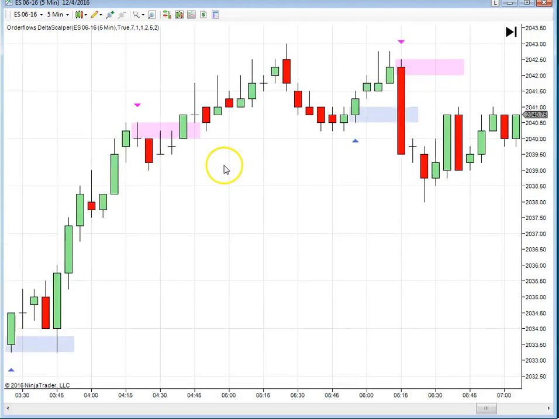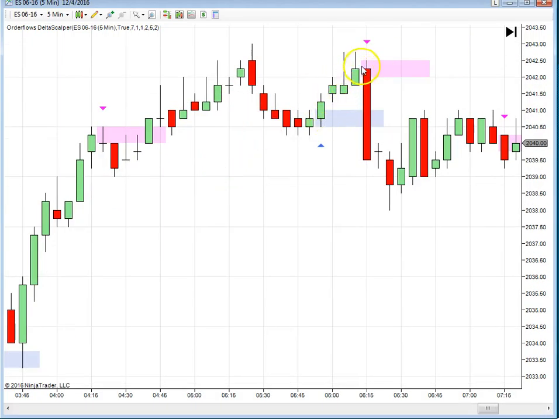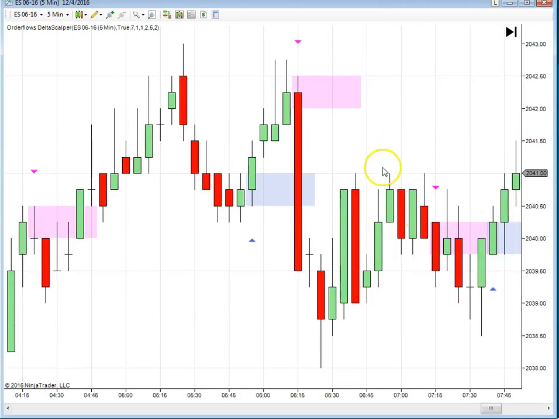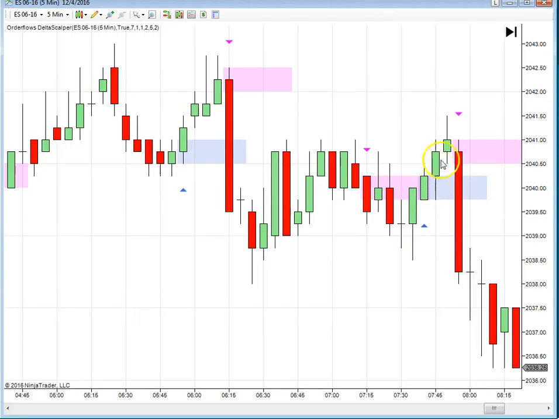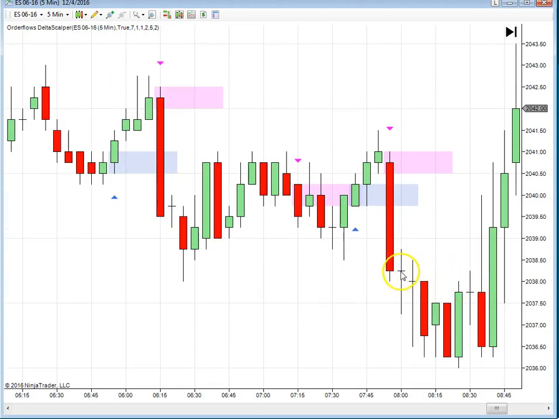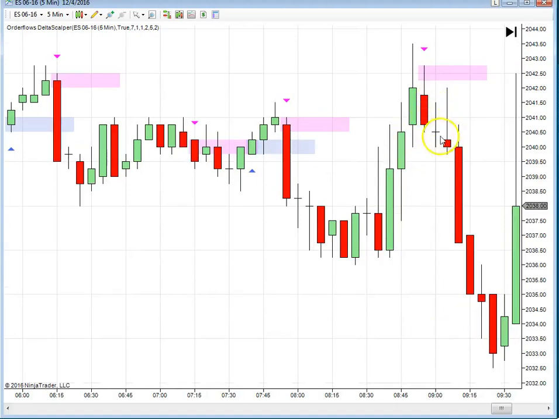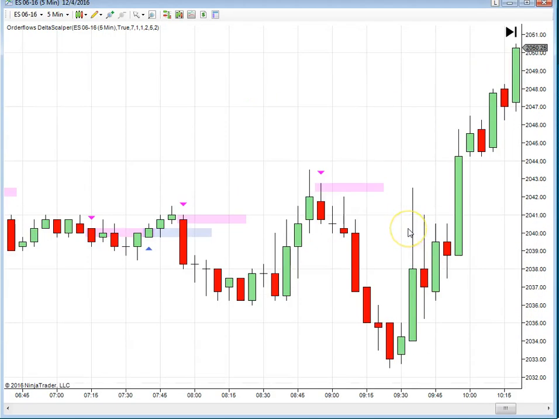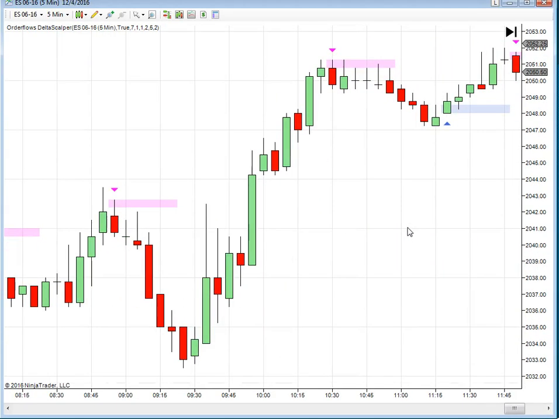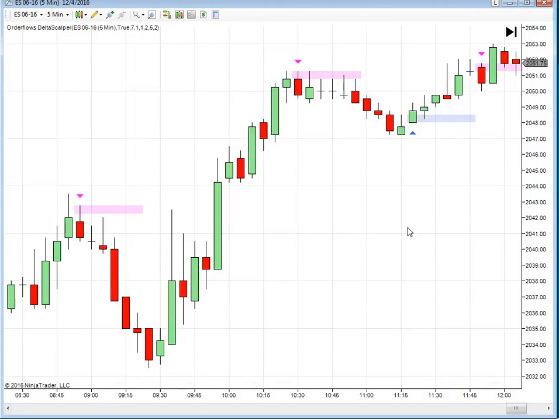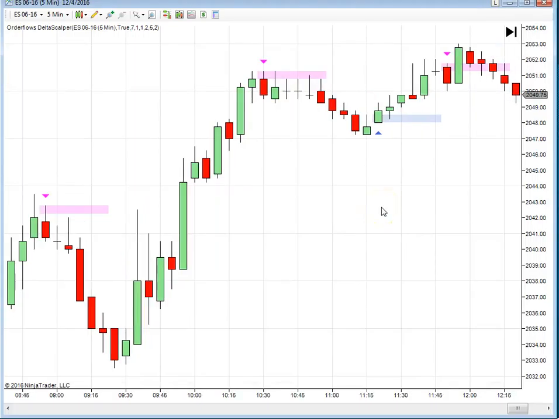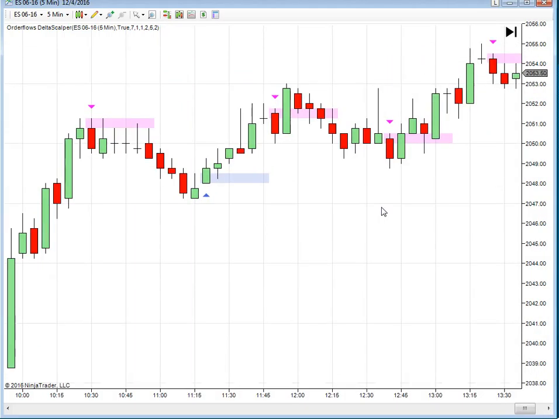This one failed. This one worked out a little bit, and then you get a big sell signal here, and this one worked out. Okay, you get another sell signal, a little buy signal. Just before 8 o'clock, you get a nice little sell signal here. Kind of worked out when cash opened up. Boom, you get this beautiful sell signal again. It's catching some pretty nice, big, chunky 6, 7, 8 point moves consistently here.